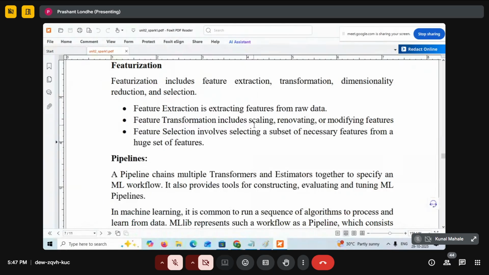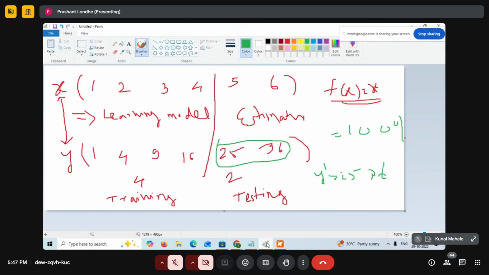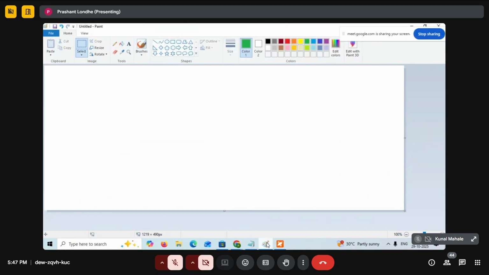Featurization includes what properties are acquired during the transformer phase, and which properties you are going to verify during the estimator phase. For example, if you have an apple, you can have different properties like shape, color, taste, and size.